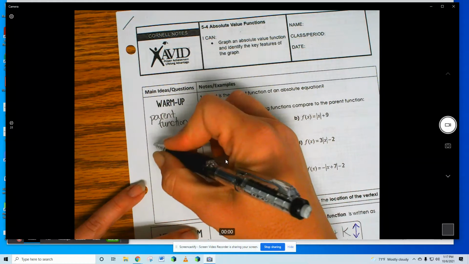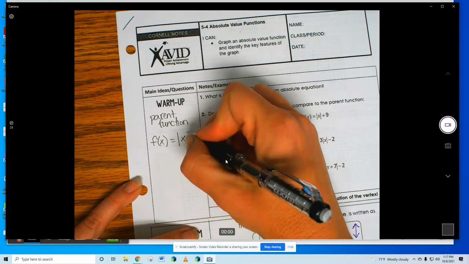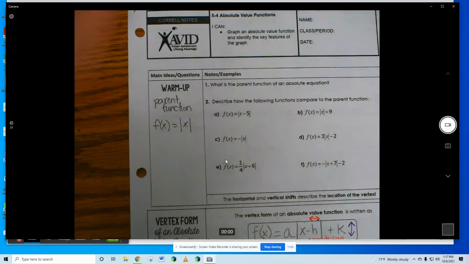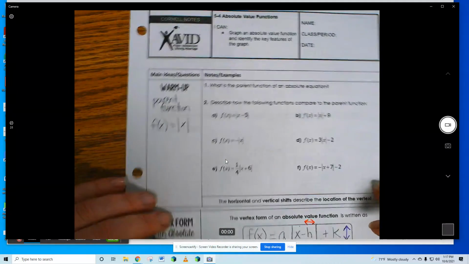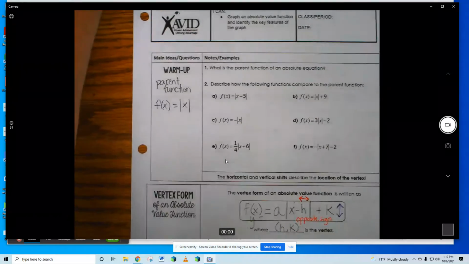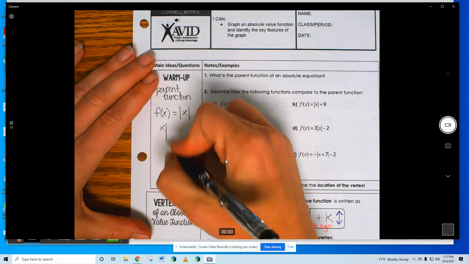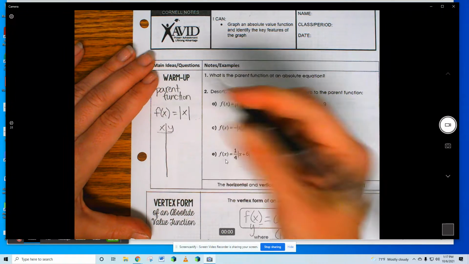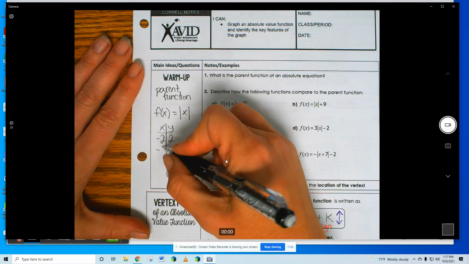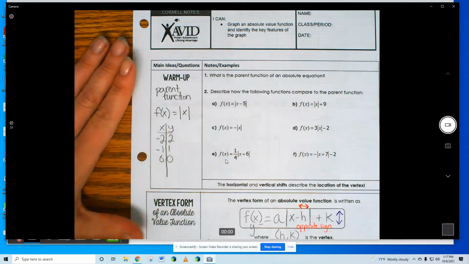And the parent function is this. f of x equals the absolute value of x. The parent function has a table of values that's this. Absolute value of negative 2 is 2. Absolute value of negative 1 is 1. Absolute value of 0 is 0.